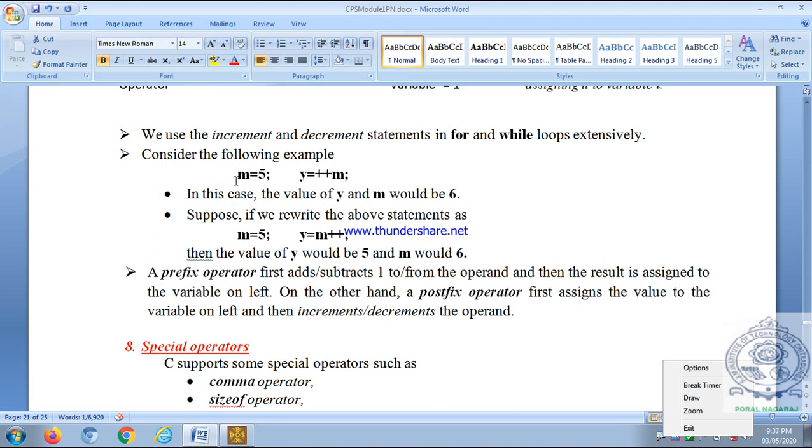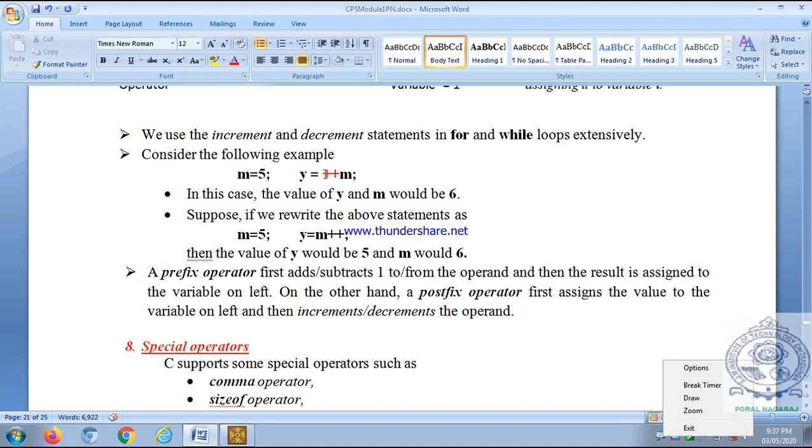See, m assigned value 5. Here plus plus is our increment operator. We have initialized m is equal to 5. What is the value of m? 5. So y assigned value plus plus m.